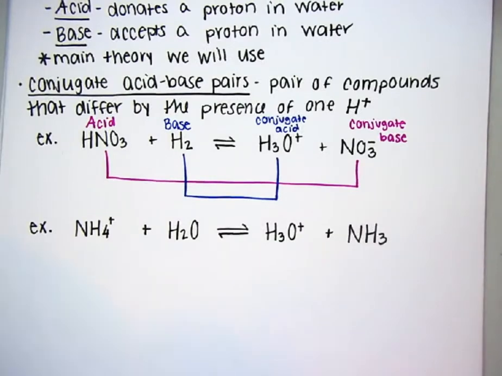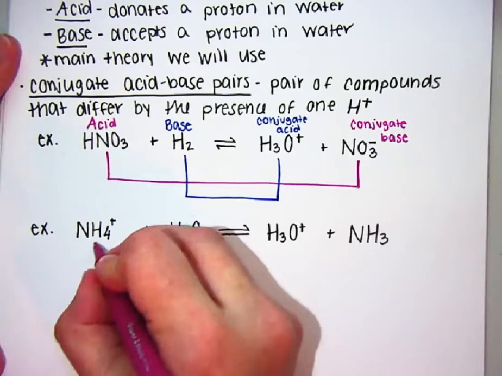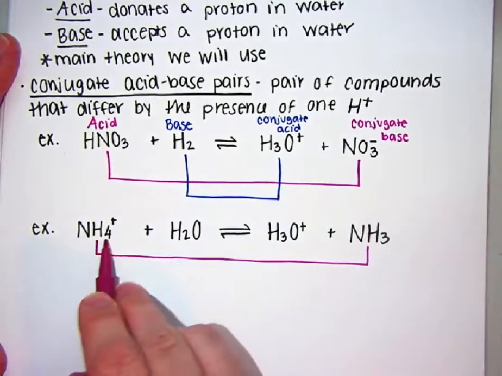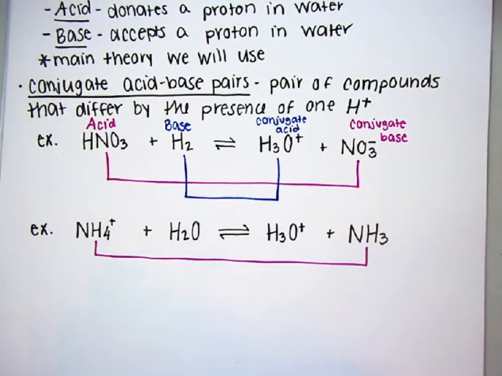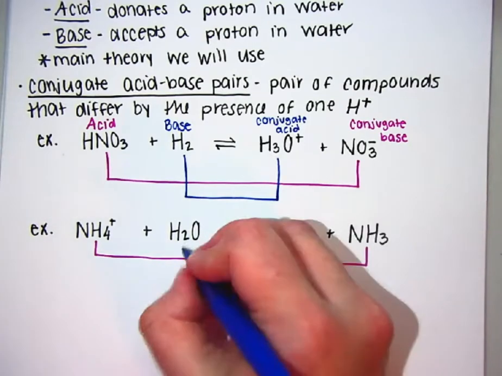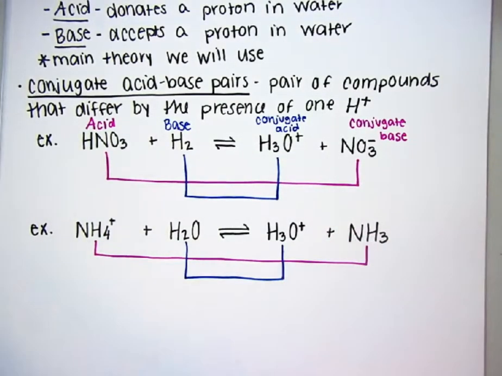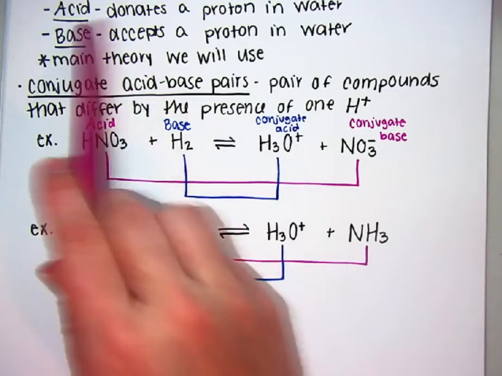All right, first thing I want to do is find my conjugate acid-base pairs, figure out which compounds differ by only one proton. NH4, NH3, they differ by one proton or one hydrogen. H2O, H3O, here's a pair here. The acid is going to donate a proton.